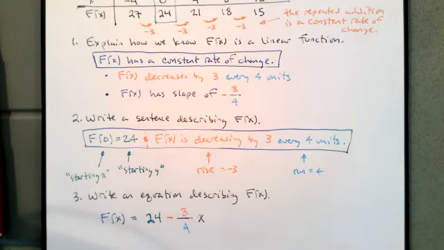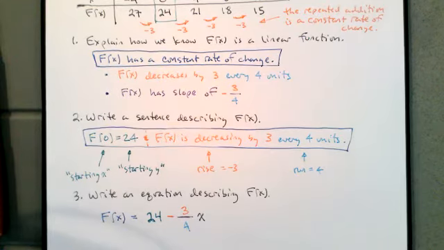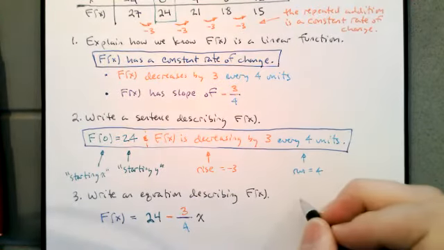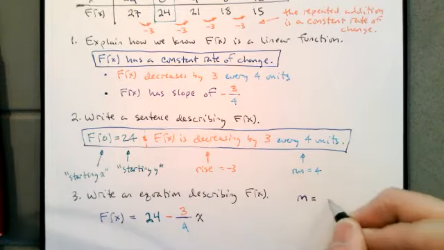Oh, that should have been a 4. Oh well. So here's an equation describing f of x. It starts off at 24 and decreases by 3/4 every 1 unit, which we can interpret as decreasing by 3 every 4 units. So the common thing to do is use the slope, which is the rise over the run.